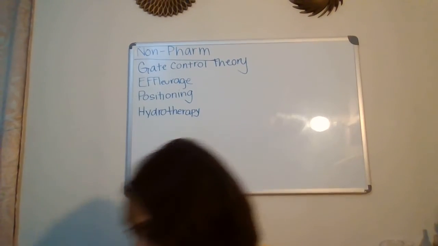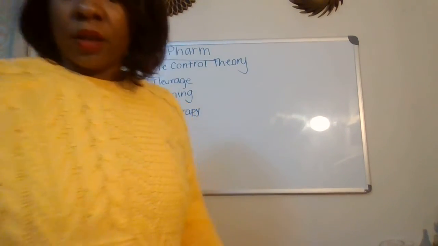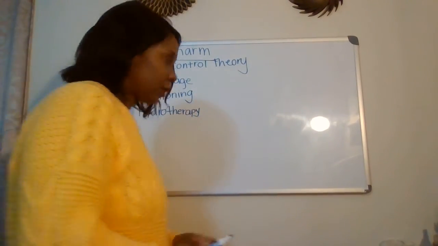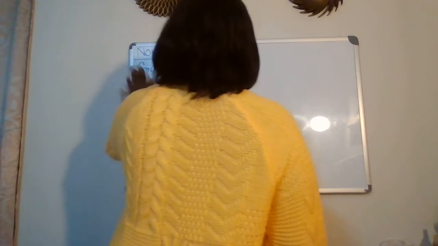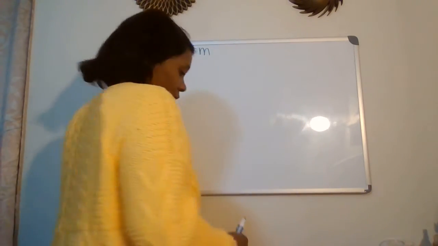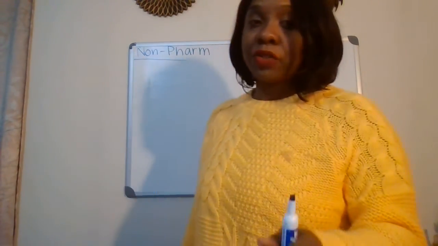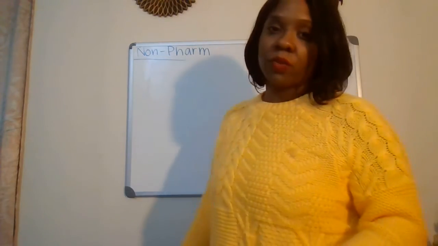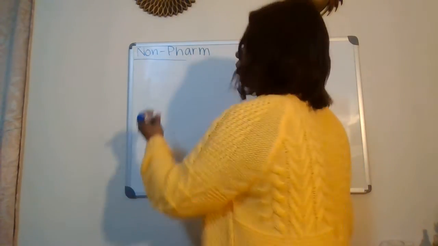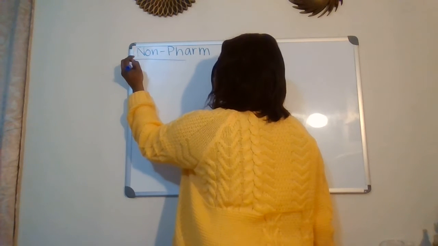All right. The next thing I want to talk about is the Dick-Read method, the Lamaze method, and the Bradley method. The Dick-Read method focuses on natural birth, the natural birth process.